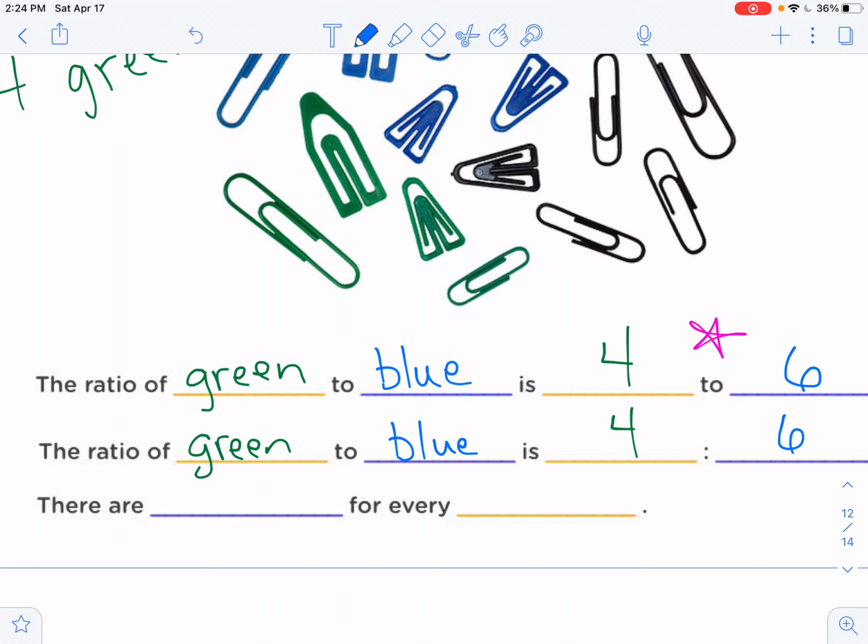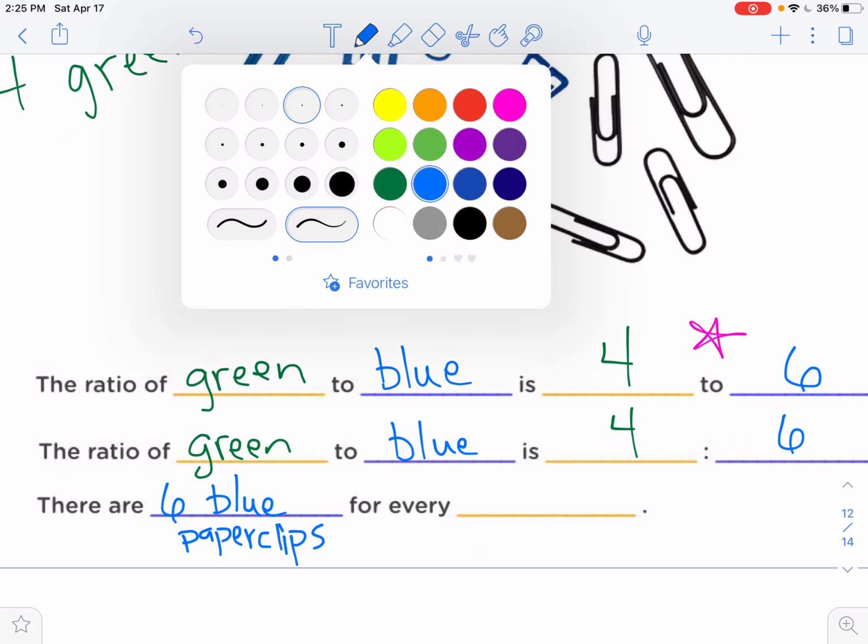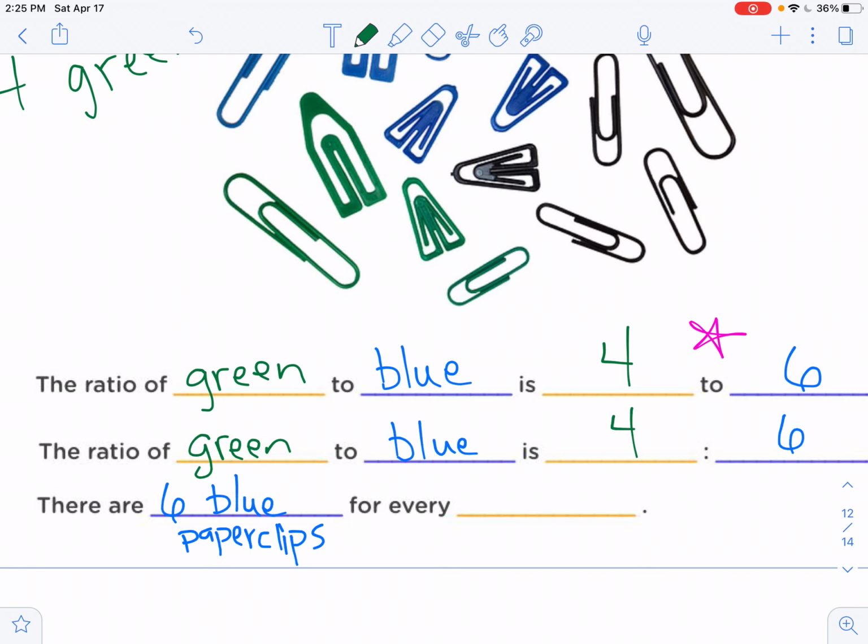I want the color and the number. So for this last blank, I'm going to say there are 6 blue, and I'm going to write paper clips underneath. Paper clips. For every, now I'm going to talk about my other color. It's green, but I also need the number. 4 green paper clips.